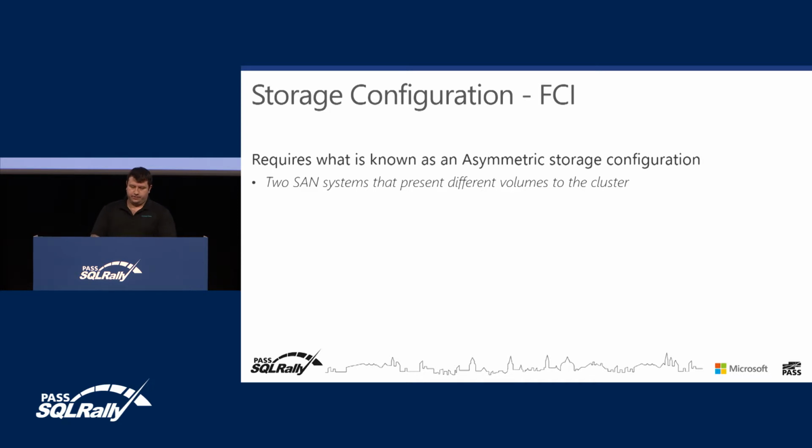So, storage configuration for the FCI. 2 SANs, asymmetric, present different volumes to the cluster. Now, in certain situations, you'll have 2 complete sets of disks that are presented to the cluster nodes. In that situation, half of them for, say, site B will be offline and half of them will be online.